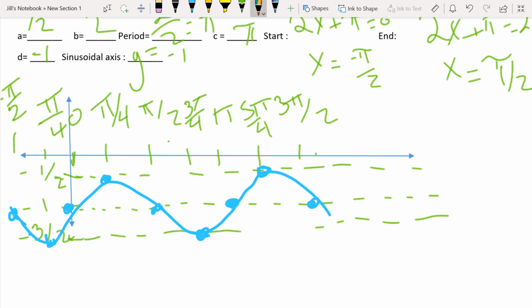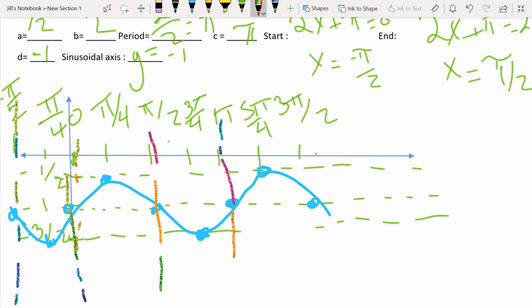Every time it hits the sinusoidal axis, you have an asymptote. So it's the sinusoidal axis at negative pi over 2, at 0, at pi over 2, here, 3 pi over 2.